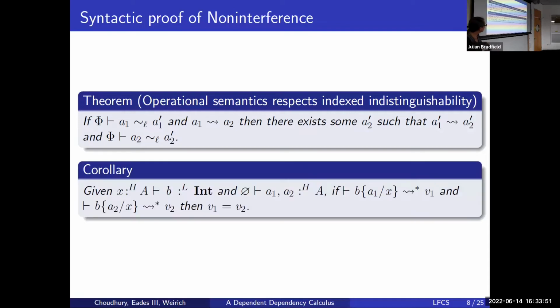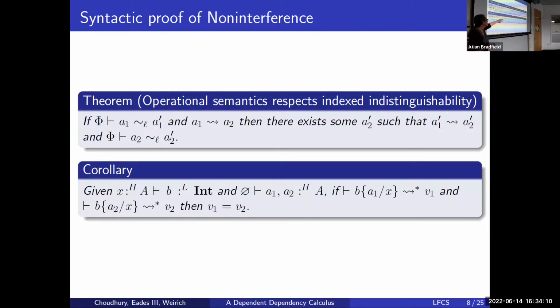The other thing about this relation respecting the operational semantics is that we can use this result and type soundness for the system to give us something that looks like non-interference. What do I mean by that?